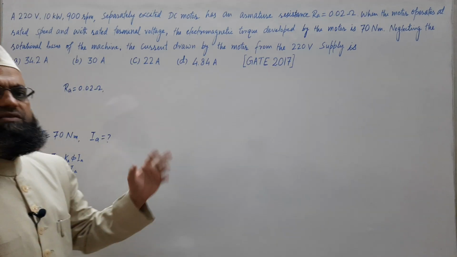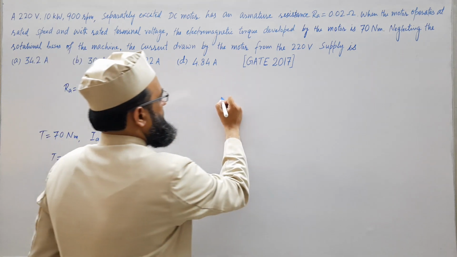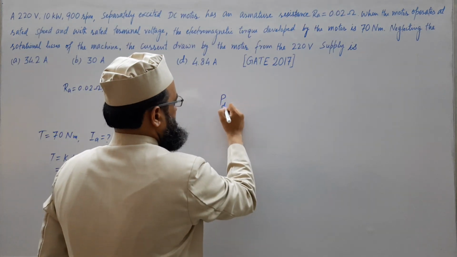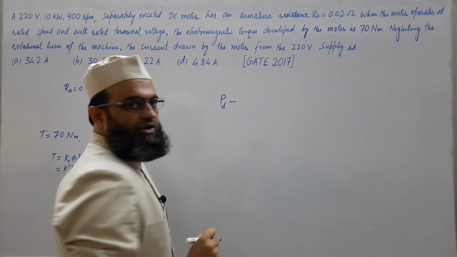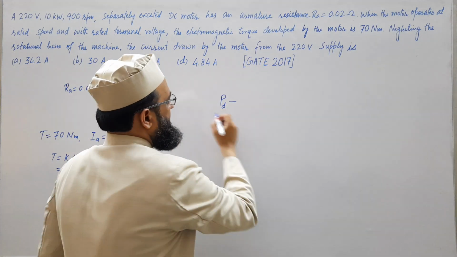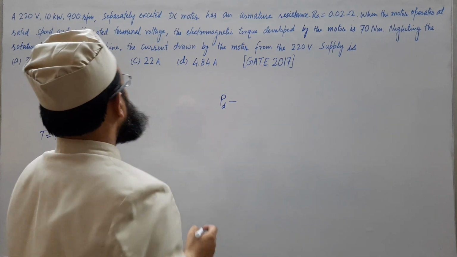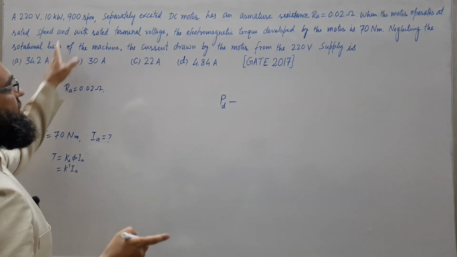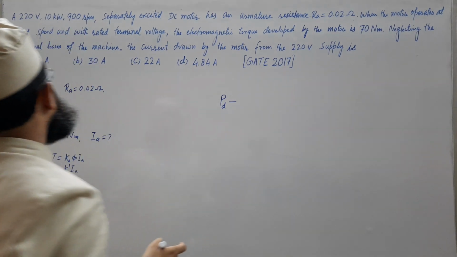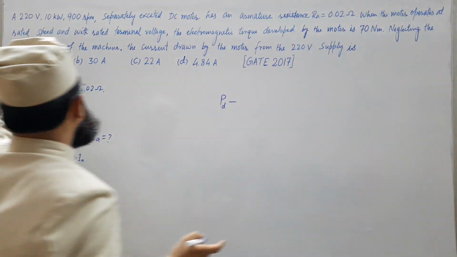We have already discussed during our power flow lecture that the developed power PD is more than the shaft power, so we may write this minus rotational losses, right? Core losses and mechanical losses together are known as rotational losses.